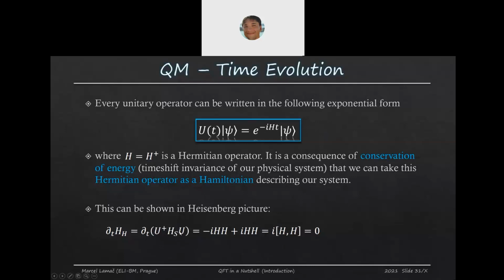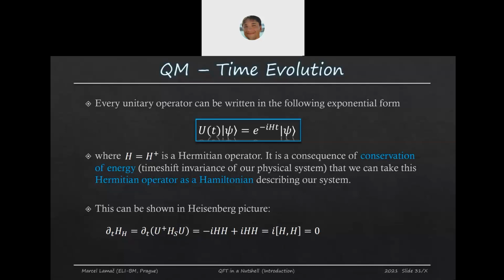The derivative of the complex conjugate gives us plus iH, or this is equal to the commutator of H, which is obviously 0, right? This is minus 1 plus 1 is 0. So this operator H doesn't depend on time, which means that it is a time invariant quantity, and as we know from classical mechanics, this usually corresponds to energy.